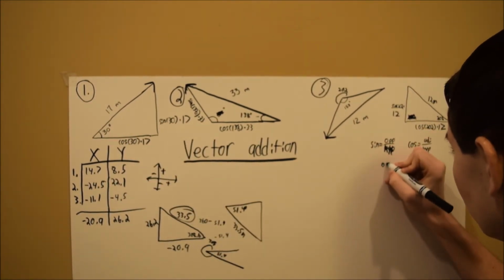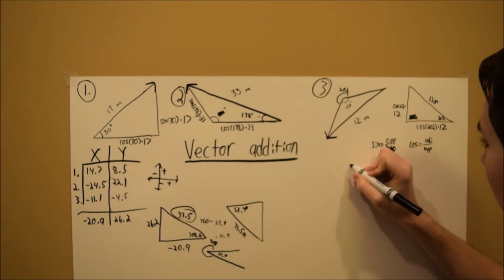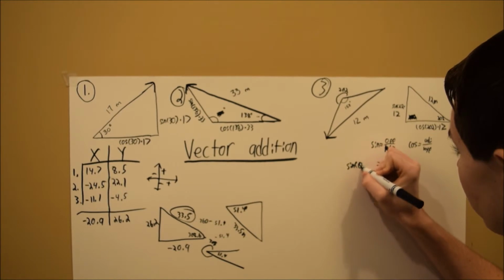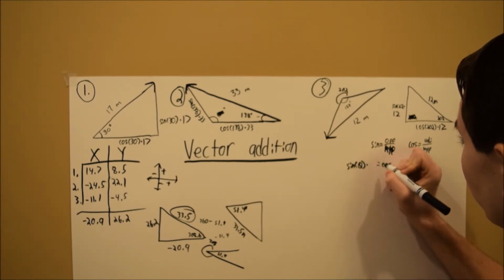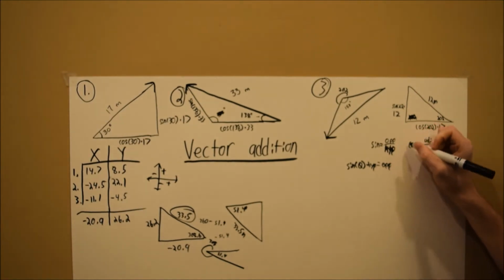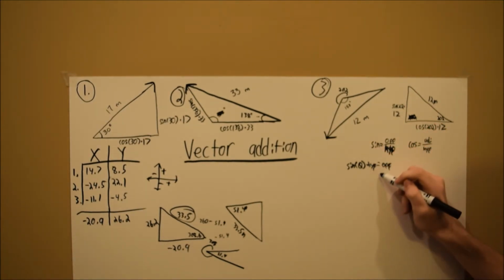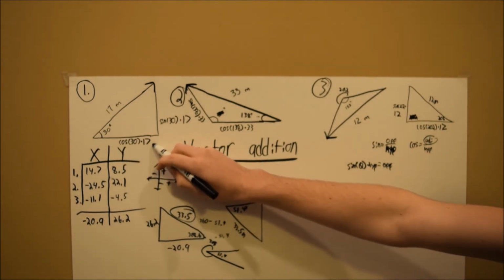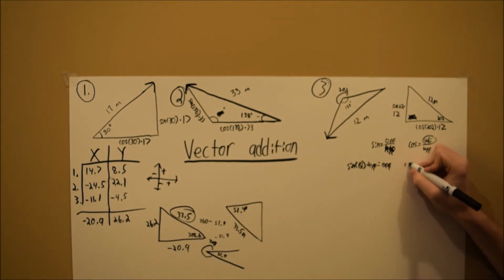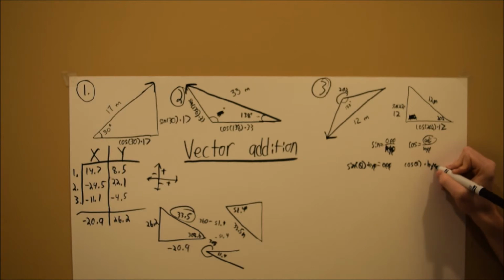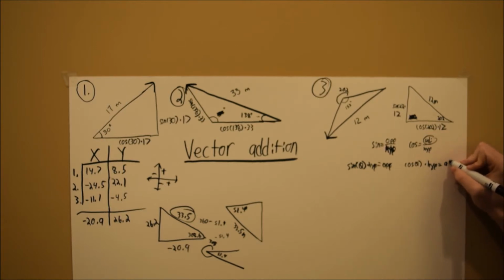So opposite would be equal to sine of the angle, let's call it theta, times the hypotenuse. Pretty simple, you just multiply by the hypotenuse on both sides, and you get that. Same with cosine. If you're trying to find the adjacent, also known as this guy right here, cosine of theta times hypotenuse is equal to adjacent.